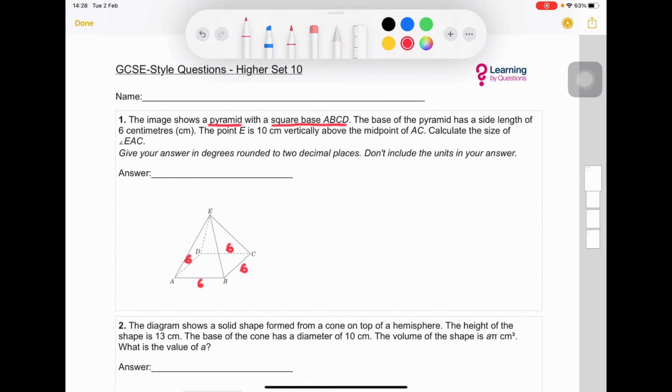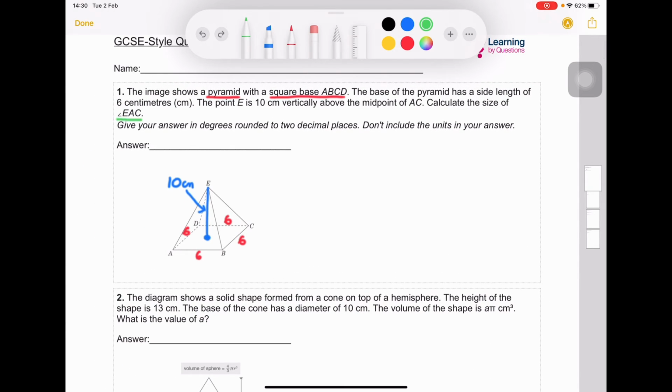The point E is 10 centimeters vertically above the midpoint of AC. So what they're telling us now is the height is 10 centimeters.